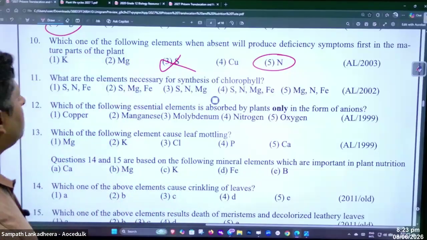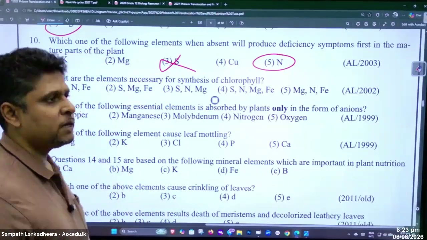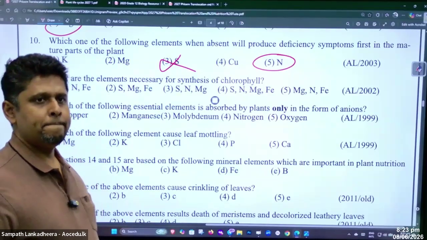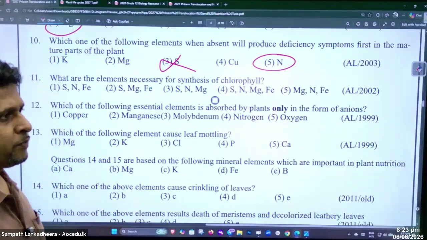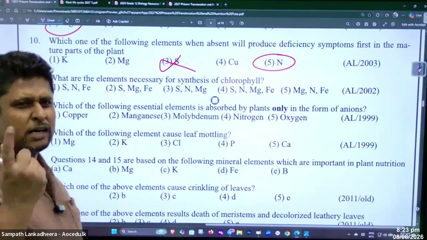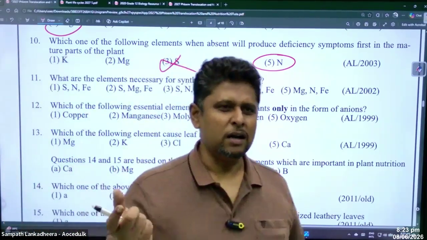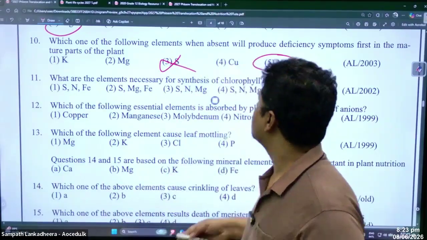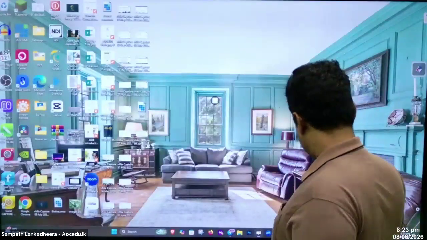Now you know potassium, magnesium. This question has another logic.